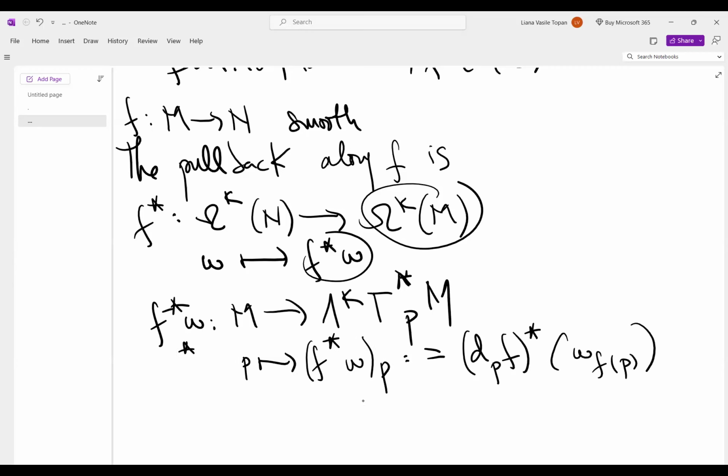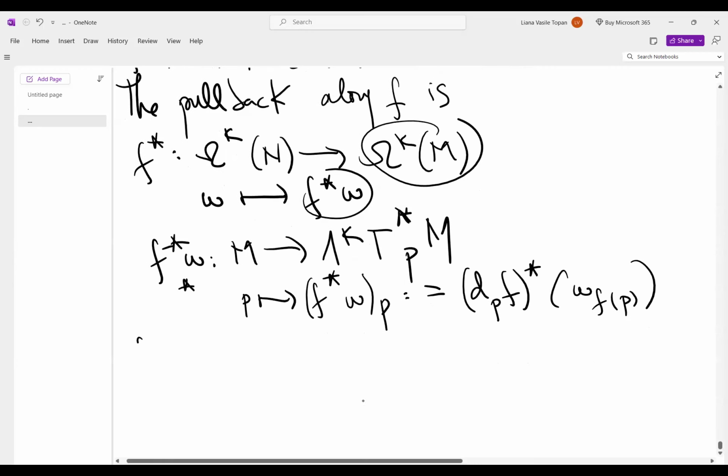This simply means that you have f star omega at p, and you apply it on some vectors v1, ..., vk.